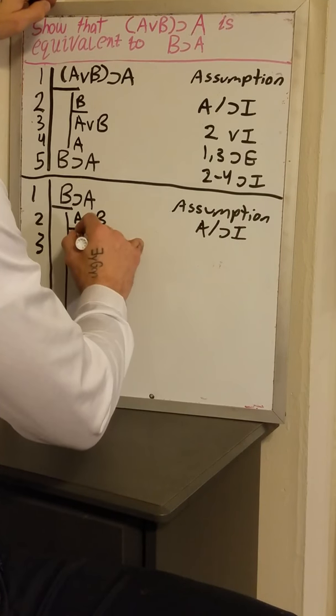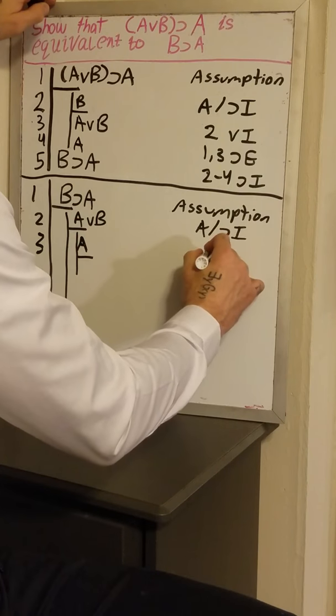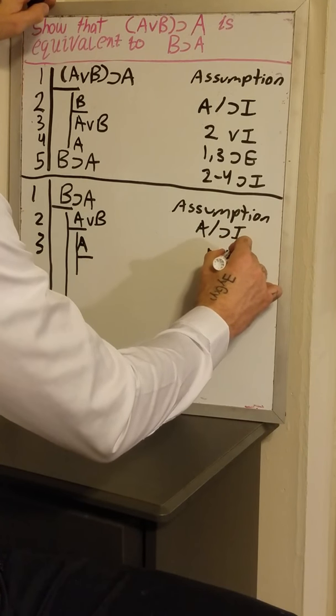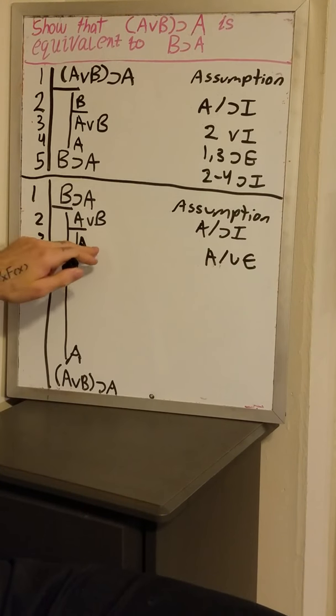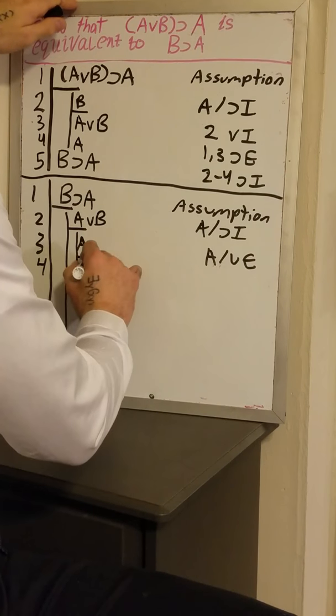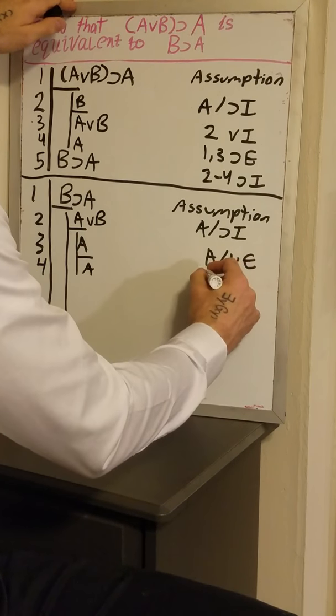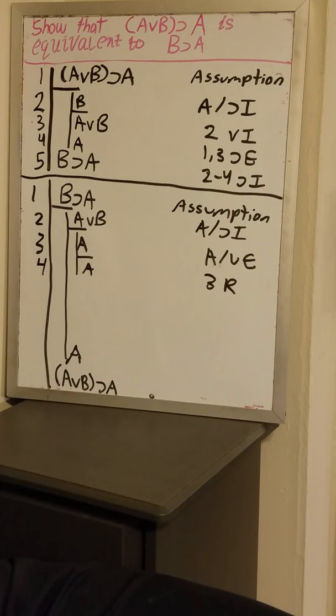So let's start by assuming A. It's an assumption for purposes of disjunction elimination. And obviously, on the assumption that A, A follows. So we're going to use the reiteration rule from line 3 to show that explicitly.